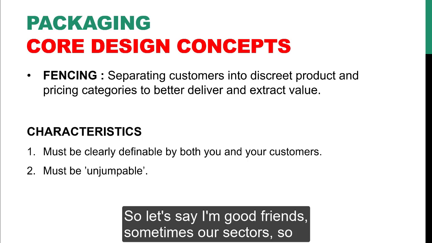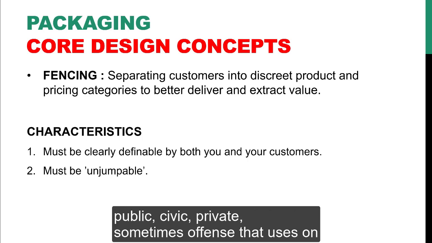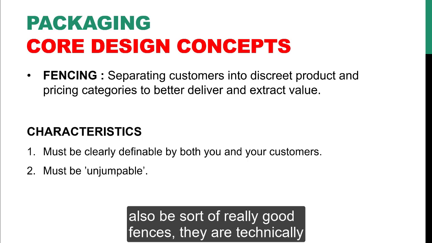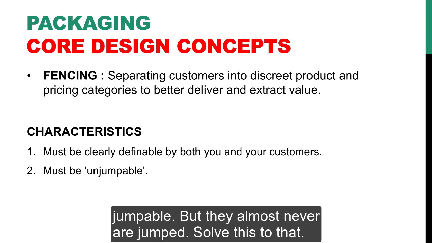Good fences sometimes are sectors: public, civic, private. Sometimes a fence I use is on-prem versus cloud-based, or your cloud versus our cloud. Those can be really good fences. They're technically jumpable, but they almost never are jumped.